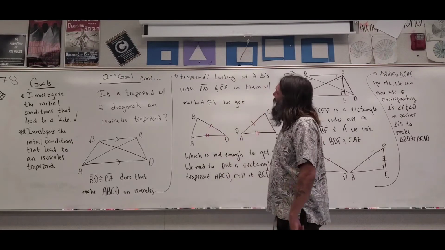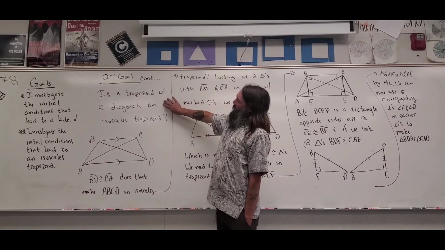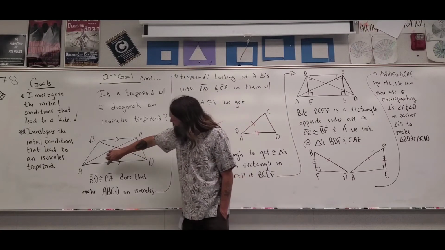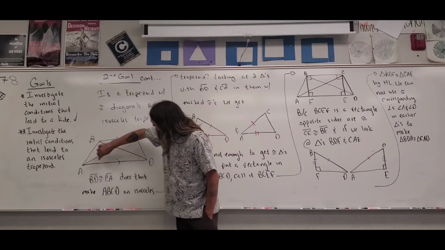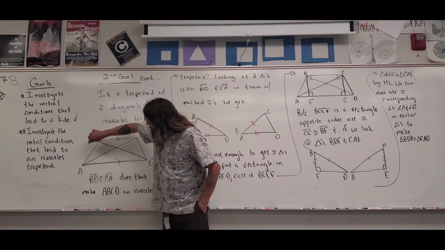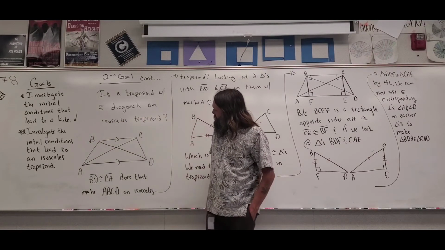We'll see. Anyways, is a trapezoid with congruent diagonals an isosceles trapezoid? So basically, if diagonal BD is congruent to the diagonal CA, does that make trapezoid ABCD an isosceles trapezoid?